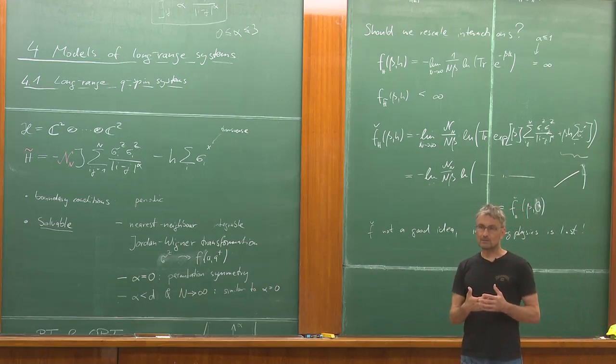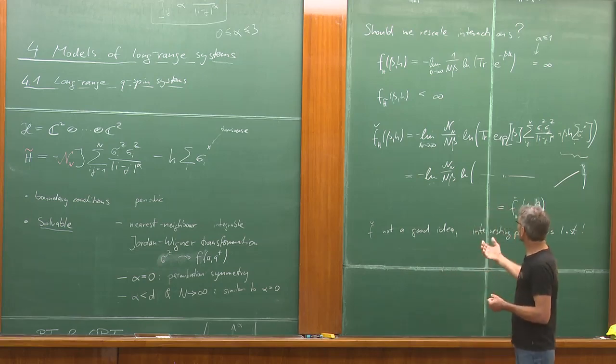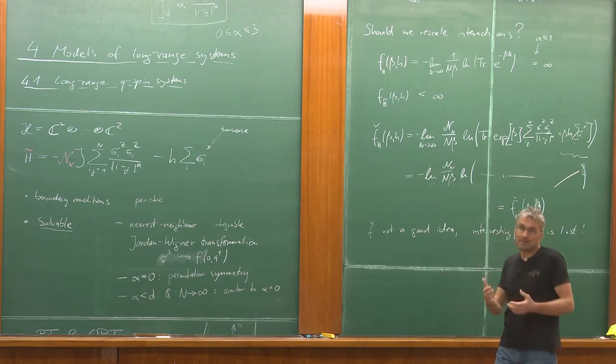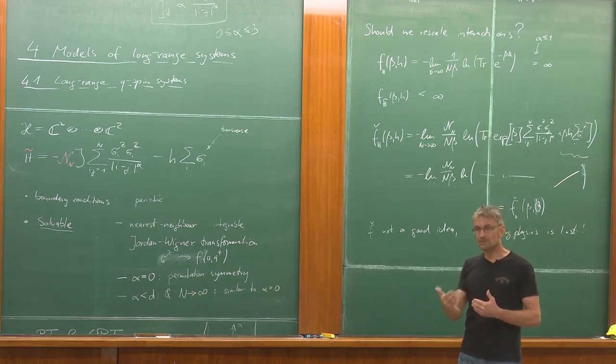And then the meaning is of course that the thermodynamic limit is always an idealization. What I really want to know is where the transition is for a very, very large but finite system, and I use the thermodynamic limit as an idealization. So it doesn't make sense to say, well, if I don't do the rescaling, I don't get a phase transition. That's not the physics I'm interested in.